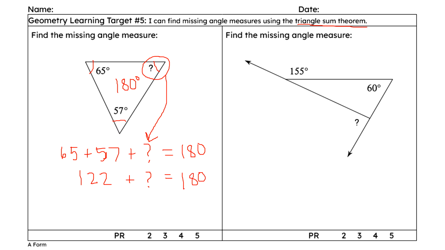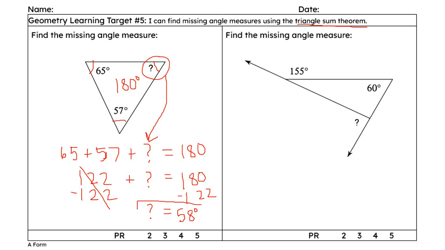So what you could do, if you're doing a little bit of algebra, you could subtract 122 from either side to isolate that unknown. And then that question mark is going to be whatever 180 minus 122 is, and that's going to be 58. So that third angle measure must be 58 degrees.